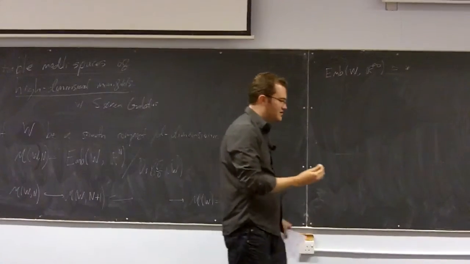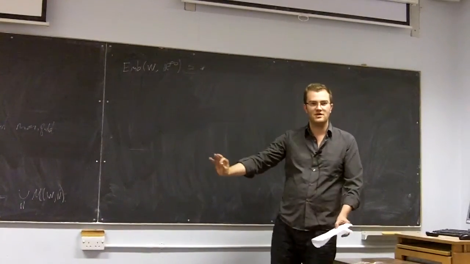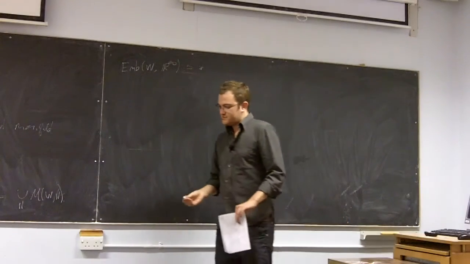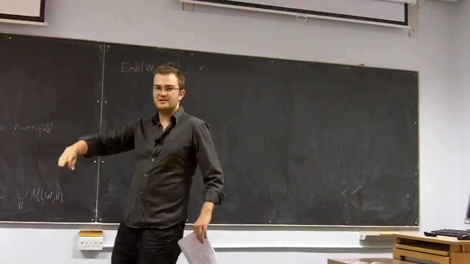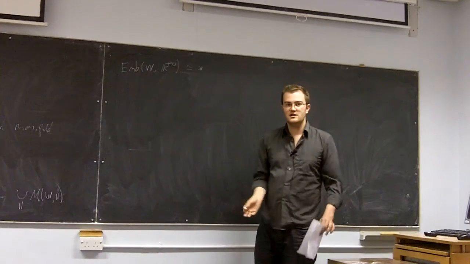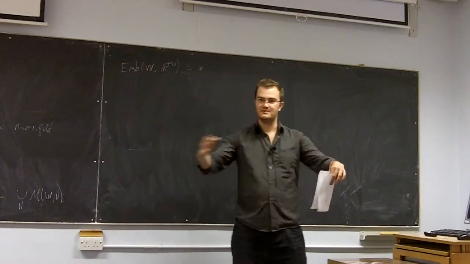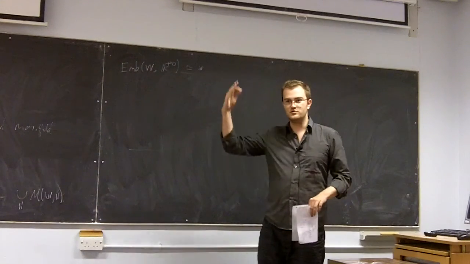Okay, so the baby version of Whitney's embedding theorem says that if you have a manifold, it embeds into some Euclidean space. A slightly fancier version says, furthermore, if you make the Euclidean space a bit bigger, then any two embeddings become isotopic. And an even fancier version says if you make it even bigger, then any two isotopies become isotopic, and so on all the way up.